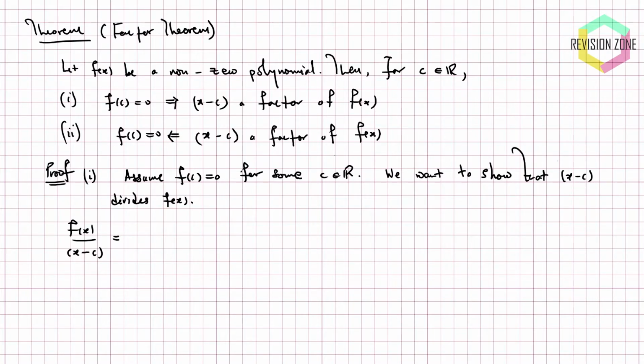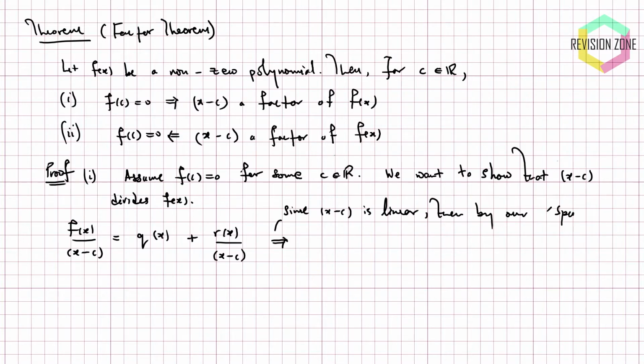We know that by proposition 1 there's going to be a q of x and an r of x such that we can write something like this down. However, we can go further, since x minus c is linear, then by our special case, which we talked about, we know that the remainder is a constant.